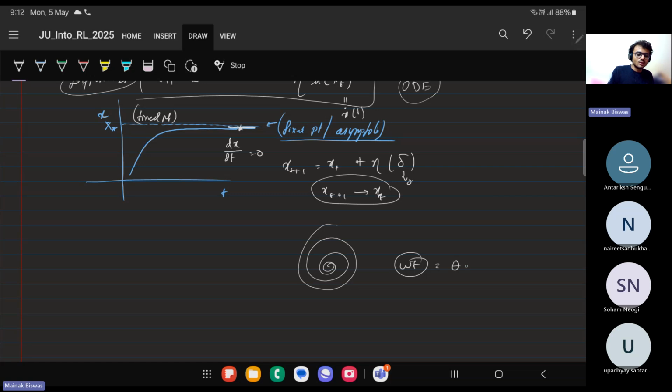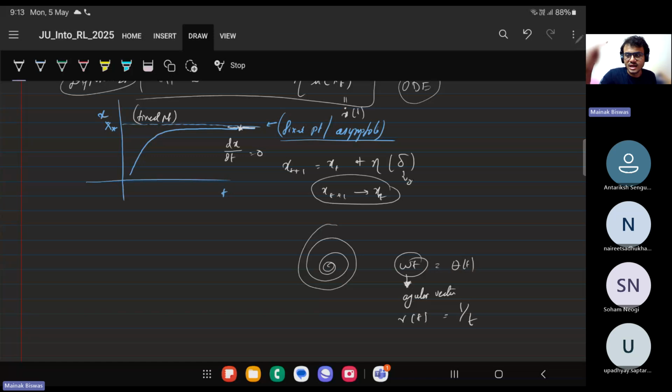So you will write omega t as theta, which is continuously changing, where omega could be the angular velocity, and your radius could be just a function of 1 by t. So that's what this equation may be converging to, just 1 by t, for example.